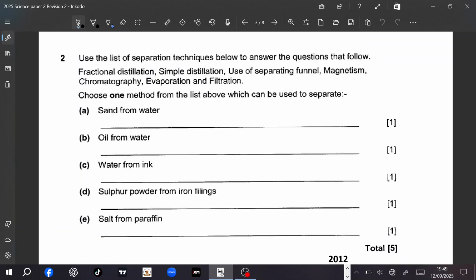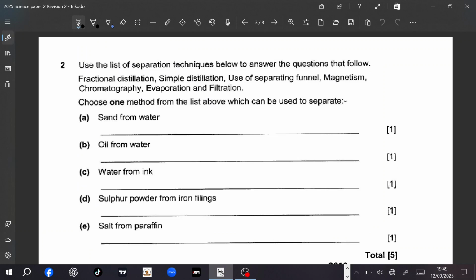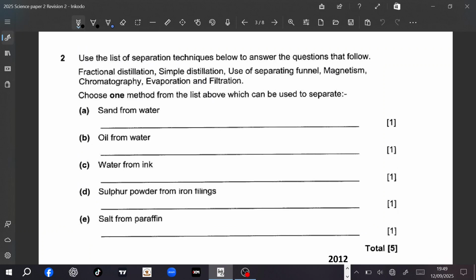The next question was question 2 from the same year. It's saying, use the list of separation techniques below to answer the questions that follow. They're saying fractional distillation, simple distillation, use of separating funnel, magnetism, chromatography, evaporation, and filtration.